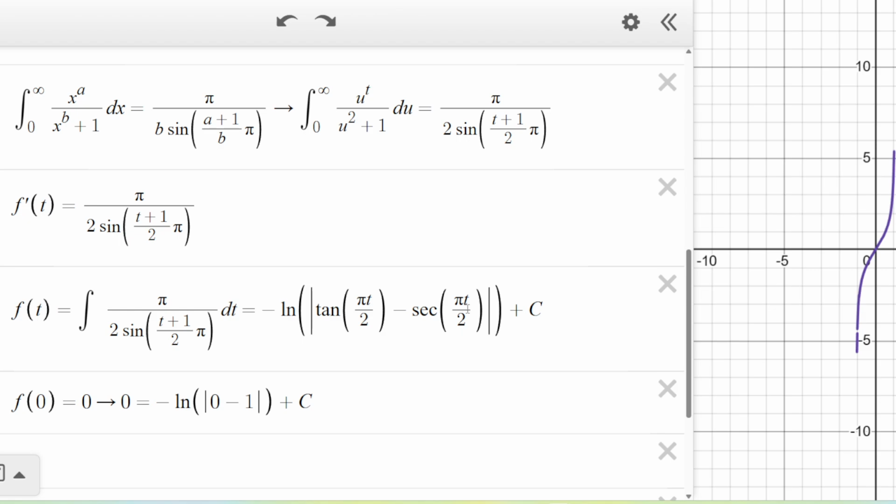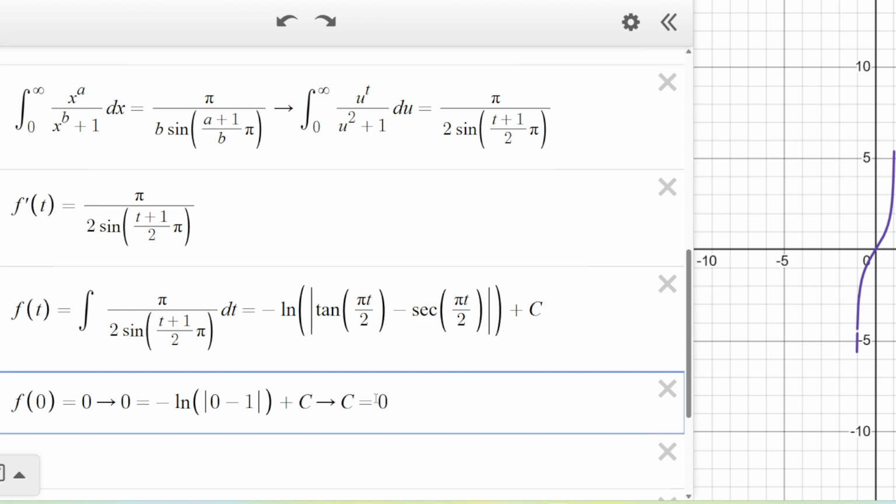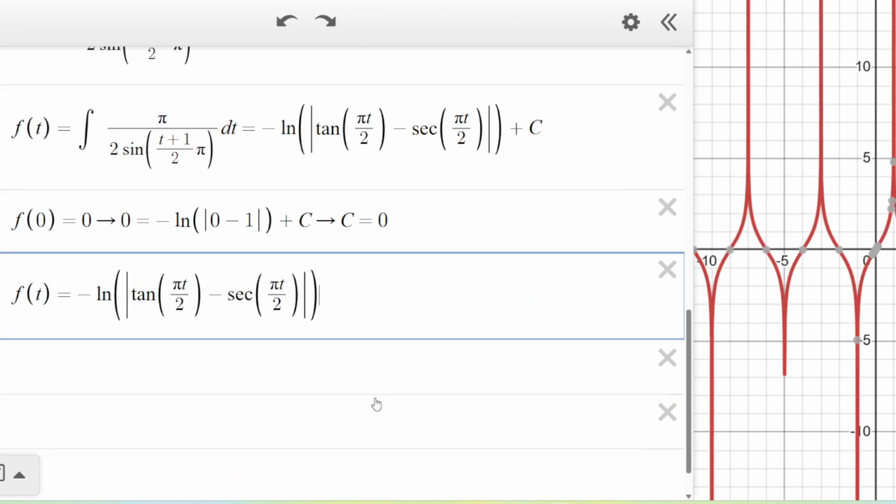Well, that's 1 over cosine of 0. 1 over cosine of 0 is 1. So c is equal to negative natural log of the absolute value of 0 minus 1. But the absolute value of 0 minus 1 is 1. Natural log 1 is 0, so c is equal to 0. So now we have this. F of t is just equal to this.